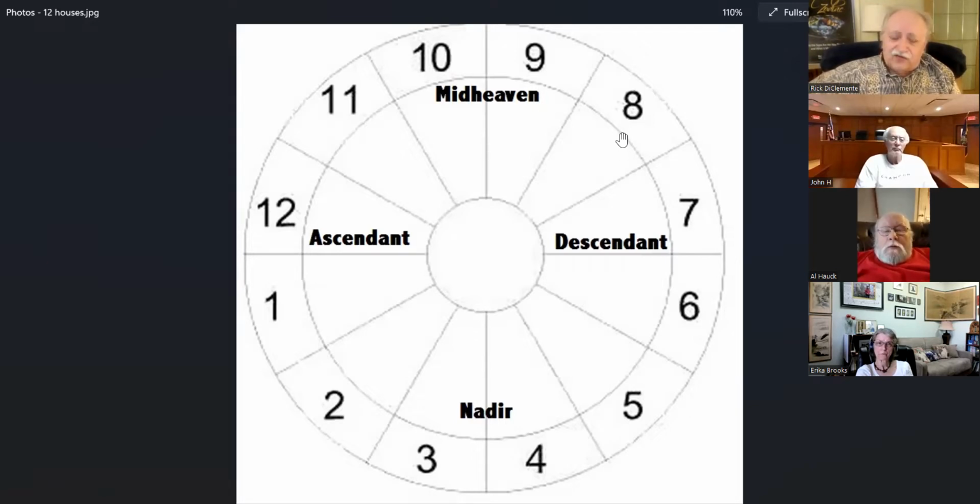So the eighth house is the higher octave of the second. If the second house is my self-worth, the eighth house is what happens to my self-worth when I'm with you. And that really says it.